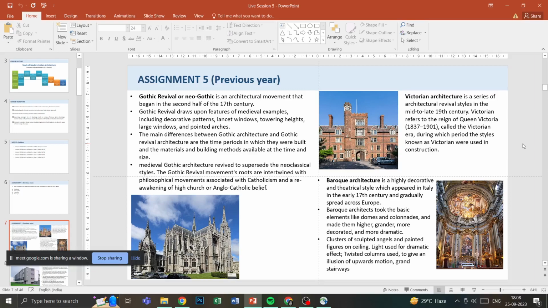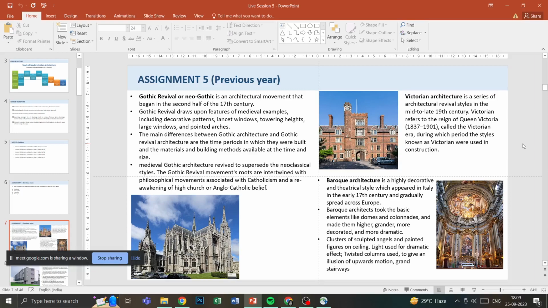So some of the groups brought back the Gothic style to establish the idea of association with Catholicism in Christianity, and they did so because Gothic architecture was the main style of churches at that time. So reviving that style represented the conservativeness, which was opposed to the liberalism that was being represented by neoclassicism.